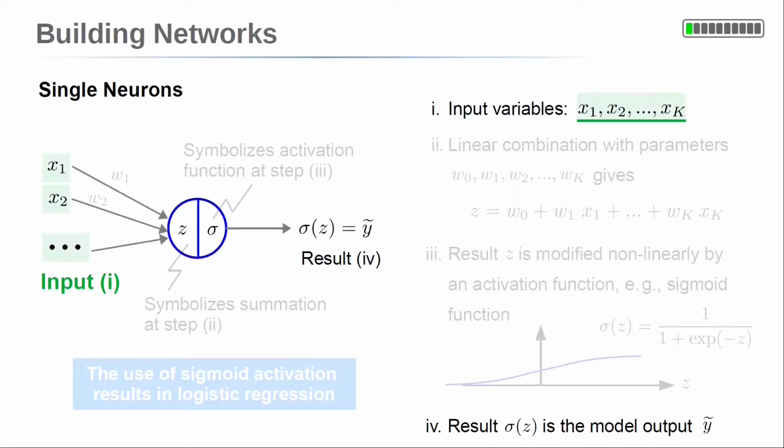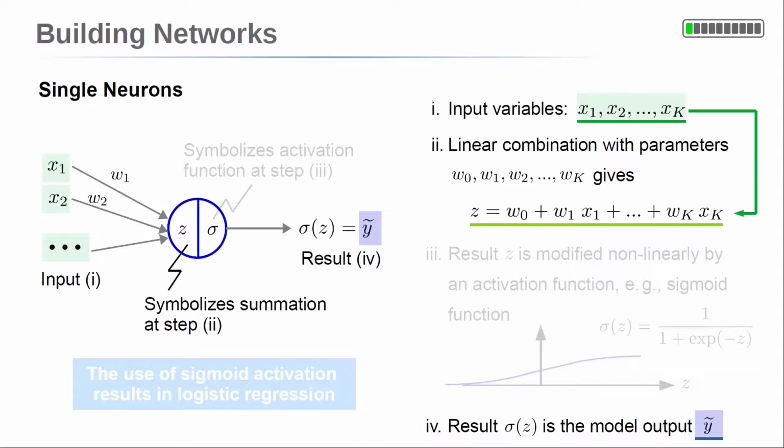A neuron takes capital K input variables, x1, x2 up to x capital K. The neuron gives back a result y tilde, the model's output. To calculate this output, at first the neuron performs a linear combination of the input variables x with parameters w.